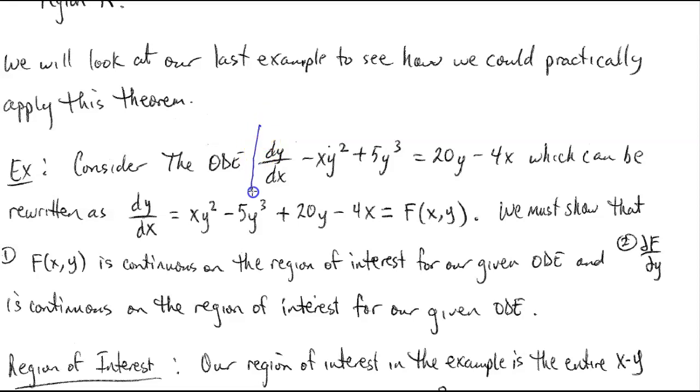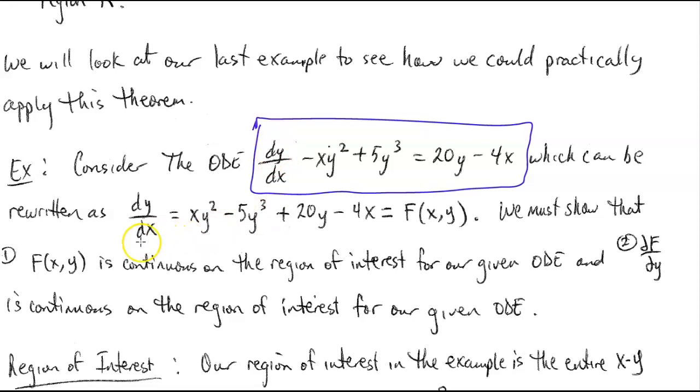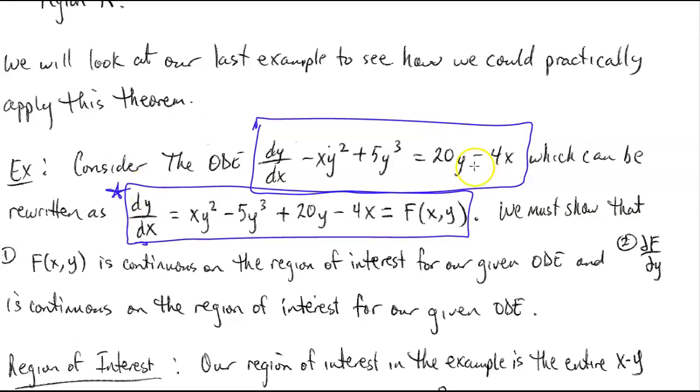So we want to consider this differential equation that we just got through working on, and we know that we could rewrite it this way. And so we're going to look at it from this standpoint here. We want to show that this particular differential equation is going to meet the existence and uniqueness theorem conditions to say that, hey, if I had an initial value problem with it, I could actually say that this differential equation has exactly one solution.